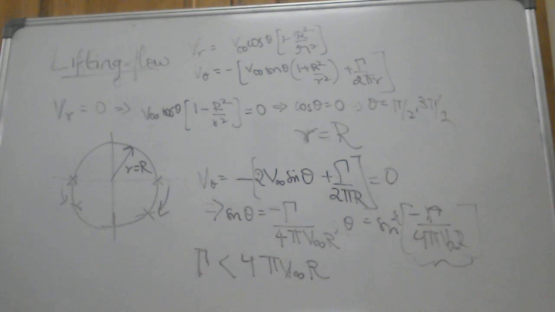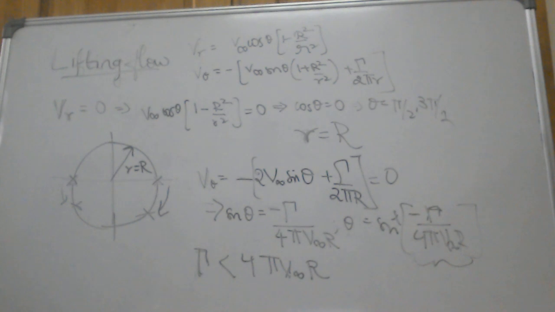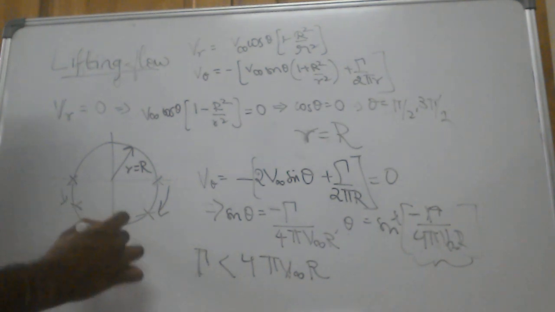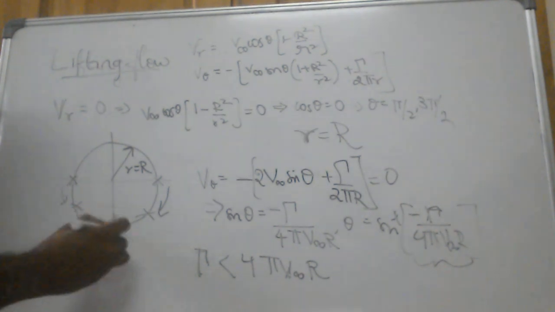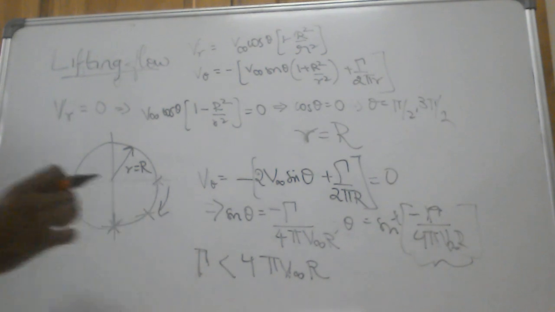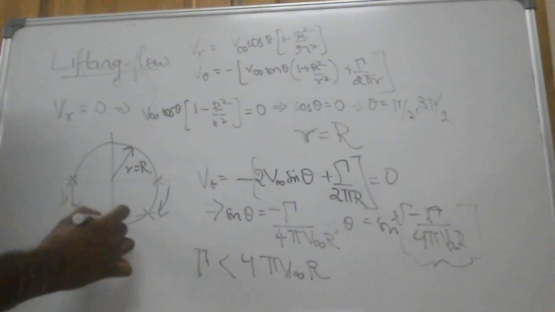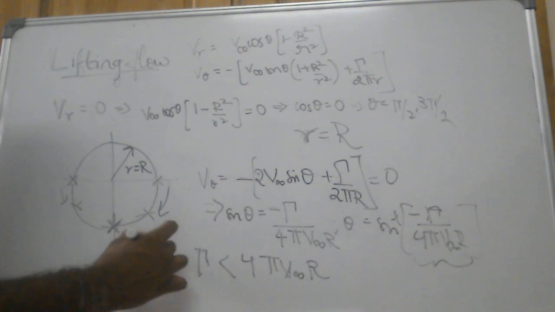As you can see, when gamma equals 4 pi v infinity r, we get sine inverse of -1, which happens to be this point, theta equal to minus pi by 2 or theta equal to 3 pi by 2. So at this point, the two stagnation points collapse and become one stagnation point.